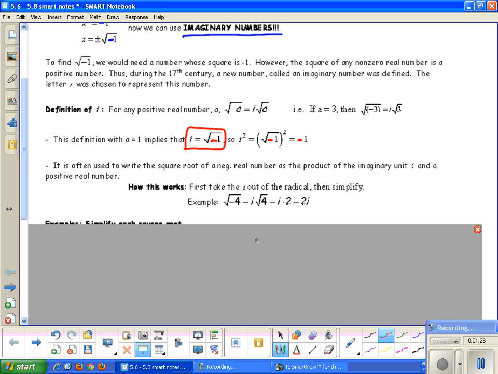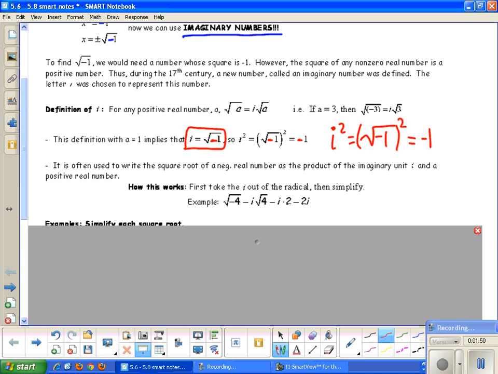If I wanted to do i squared, then i squared would be the square root of -1 squared. And what happens when you square a radical, it gets rid of it. So i squared is equal to -1.